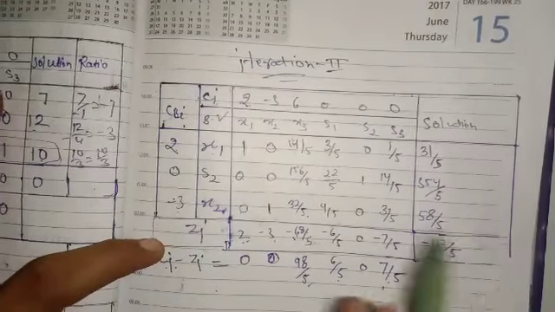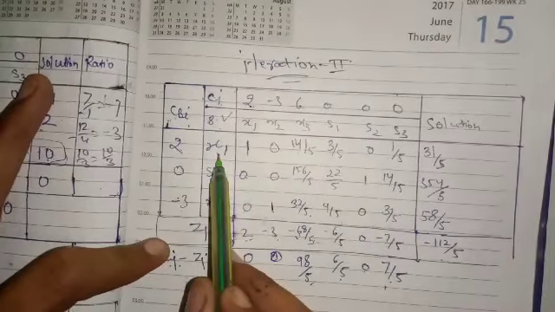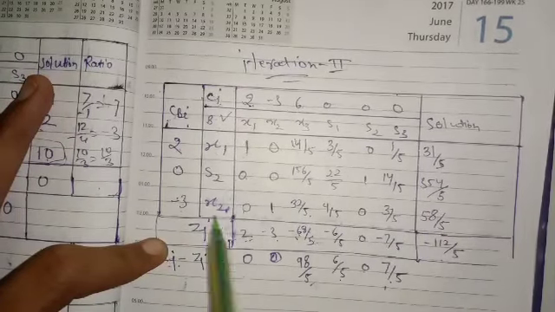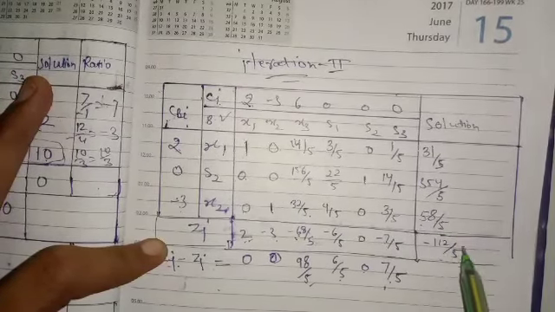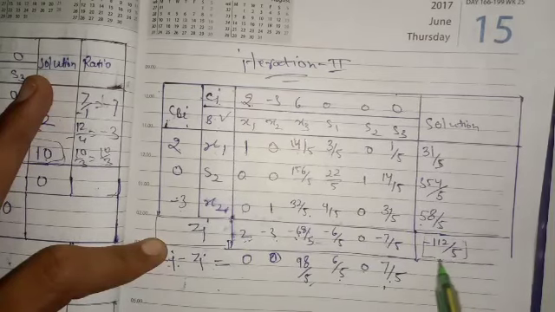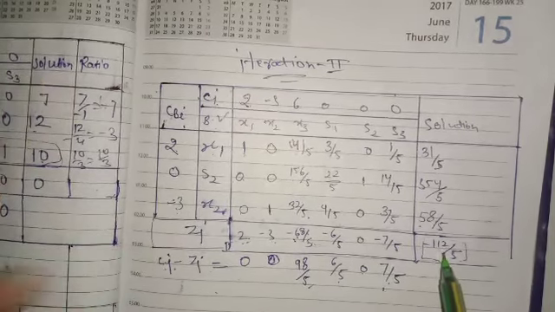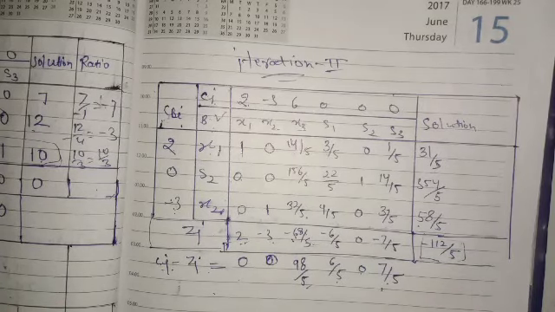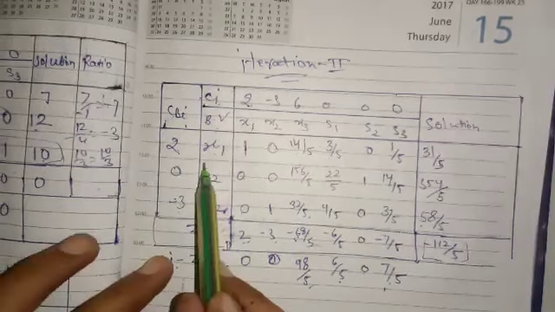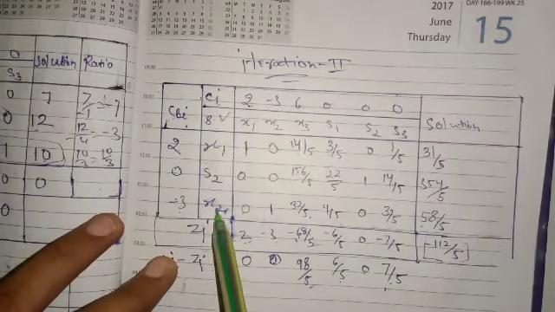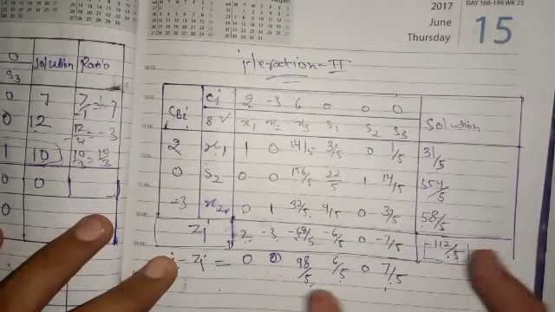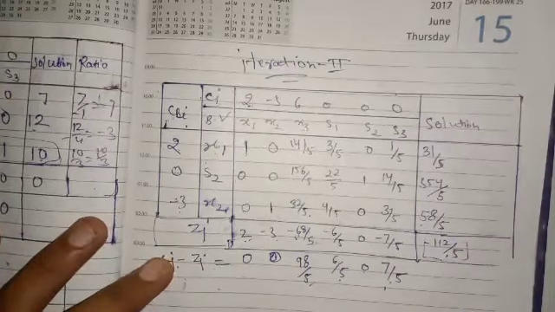Now our solution is: x1 value is 31 by 5, x2 value is 58 by 5, and our solution value is minus 112 upon 5. For the final solution we put all these values; x3 is not here, so x3 is equal to 0 in our objective function.